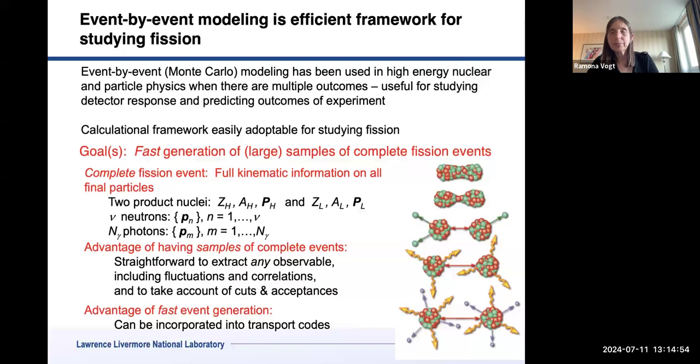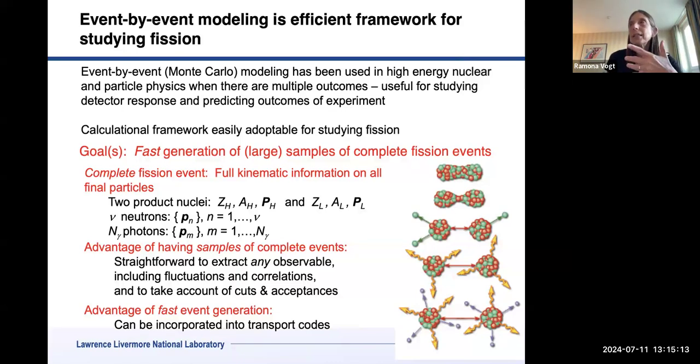So it's easy to say, okay, my detector covers such and such an angle. So I'm going to make a model of my detector covering those angles and see how many of the neutrons and photons land in that detector.